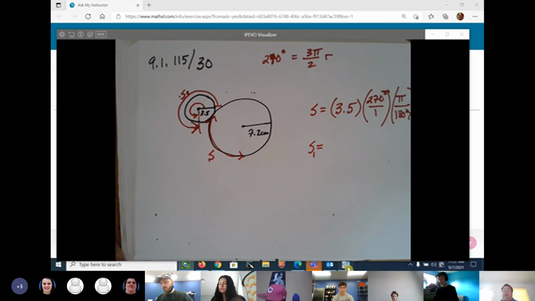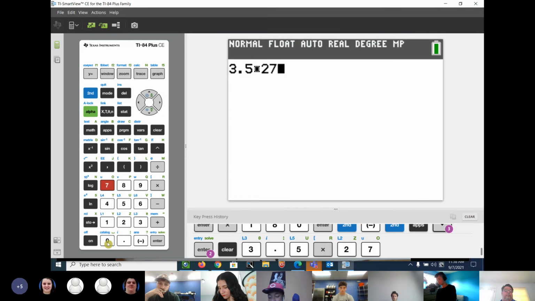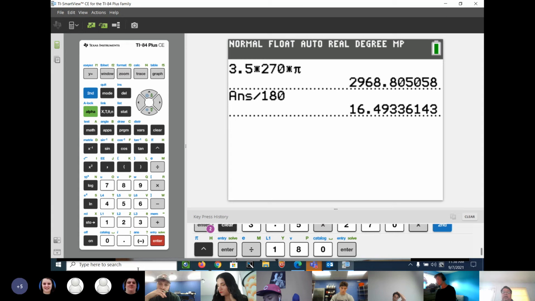So 3.5 times 270 times pi divided by 180. So that short gear has moved 16.49 centimeters.